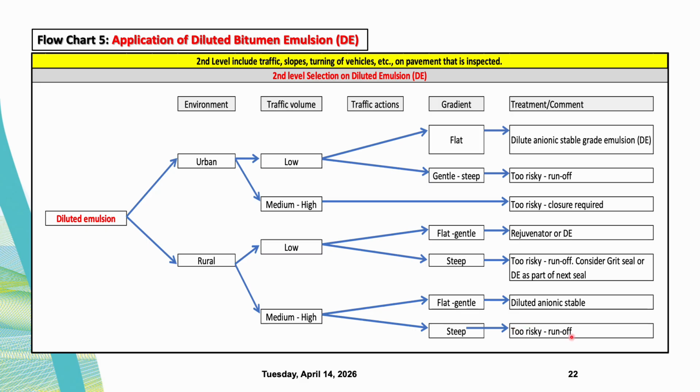So again, same principle. You've got a condition, or you've got a solution that you think is going to help on certain action in certain areas: environment, your traffic, your actions of your traffic and your gradient. You can get to a solution over here by using diluted emulsion to improve the permeability and decrease the sensitivity to water of surfacing seals in these environments.